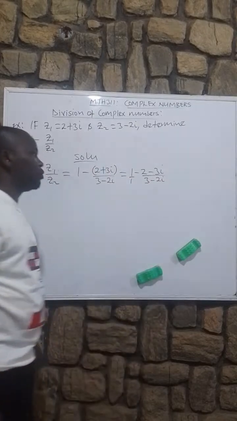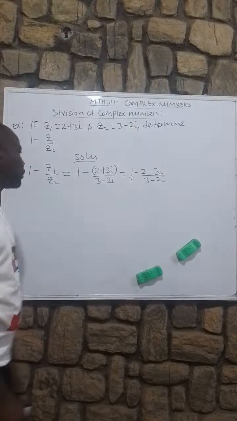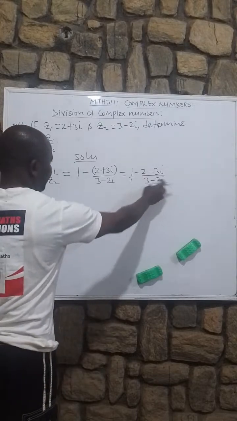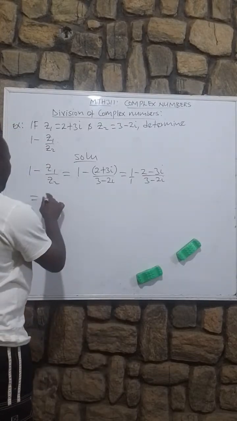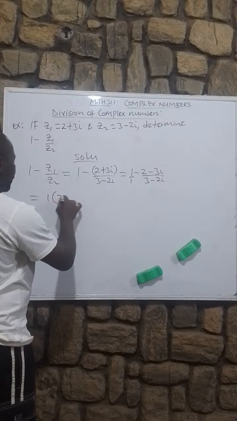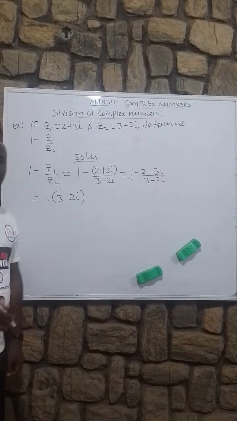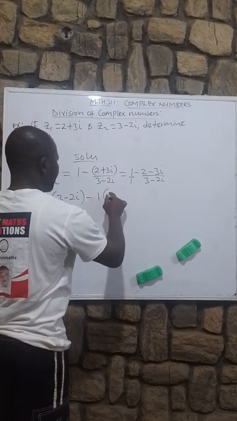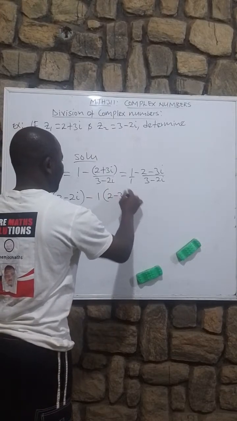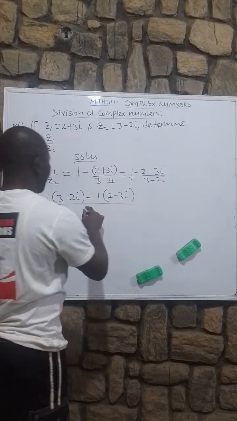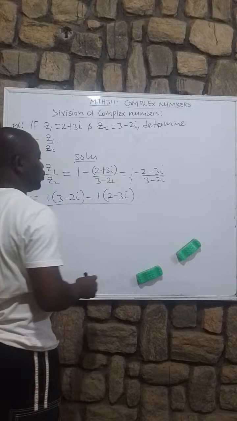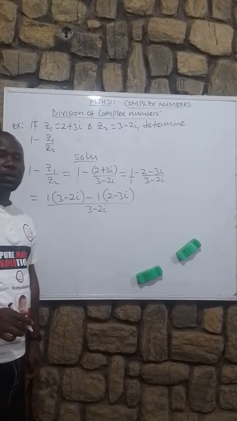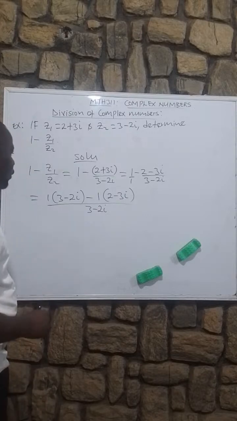Note that there is an invisible one, so we have to take the LCM. So the LCM will now be 1 and 3 minus 3i, true or false. So we are going to have 1 open bracket, 3 minus 2i, amen. Hope you are following. Then minus 1 open bracket, 2 minus 3i, then all over the LCM 1 times 3 minus 2i, is the same thing as 3 minus 2i. True or false? It's true. Okay? So far, so good.